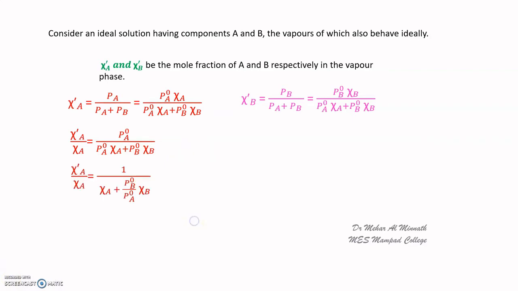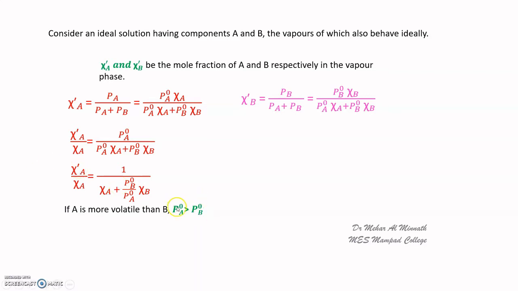Now if we divide the RHS numerator and denominator by P naught A, what we get will be 1 by chi A plus P naught B by P naught A into chi B. Now since this is an ideal solution, if A is more volatile than B, that means A vapors will be more, right?